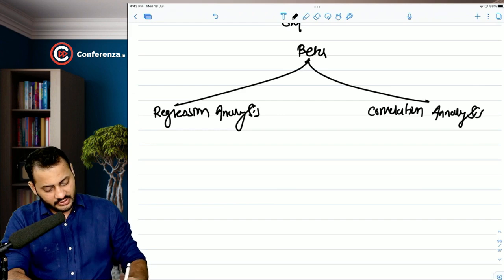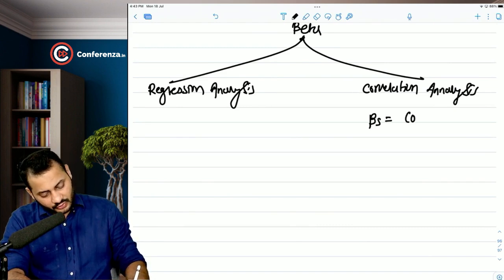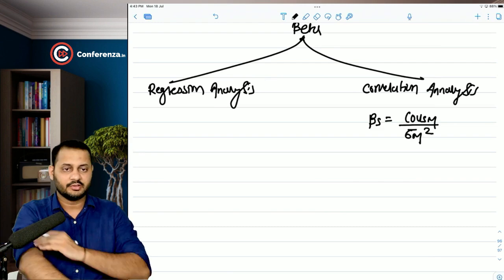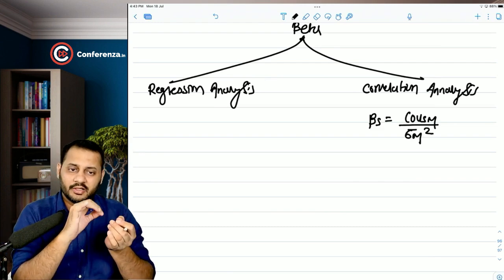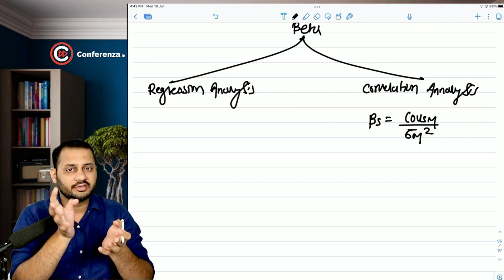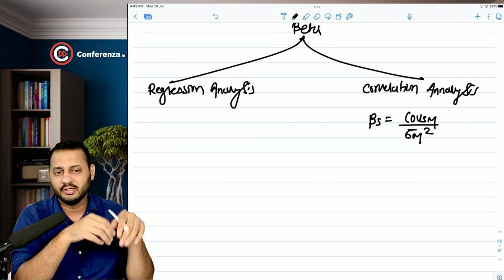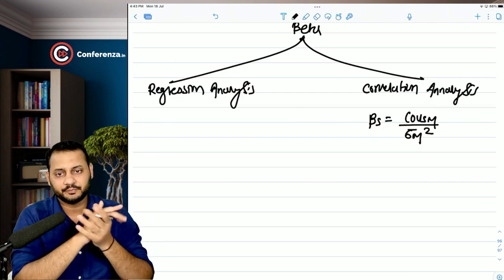The one formula that we have just discussed is covered under correlation analysis, and beta of the stock is equal to covariance of stock with market divided by market variance. In the denominator, we are taking the variance of the market only. In the numerator, we are taking the covariance of the stock with the market. So we are basically connecting our stock with the market to understand the risk.